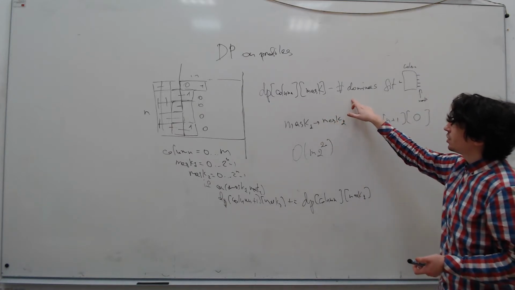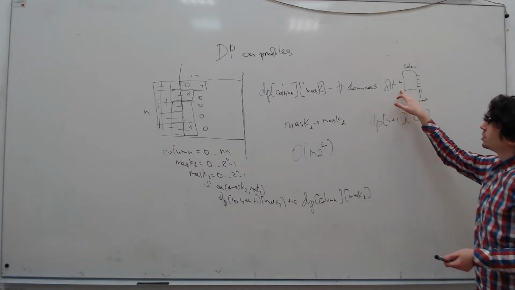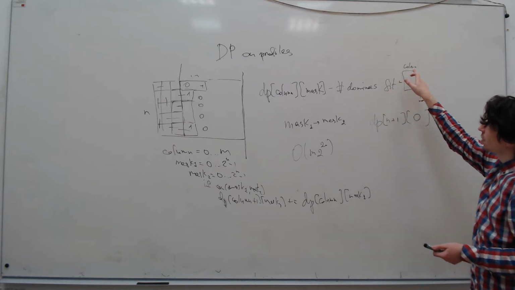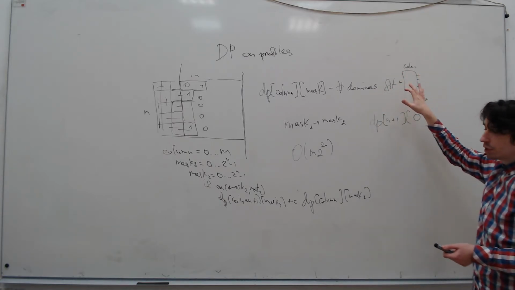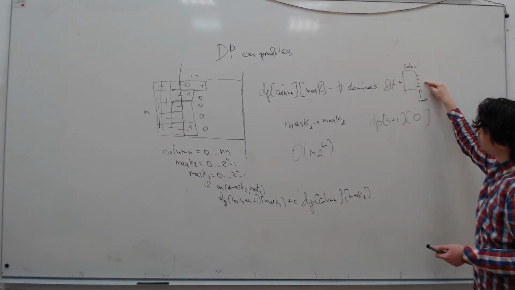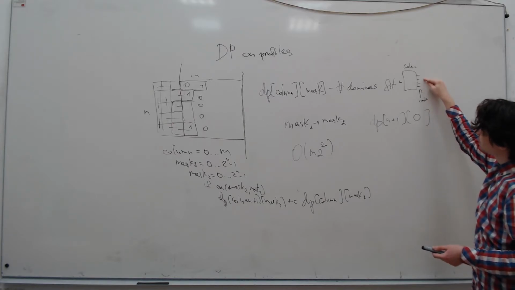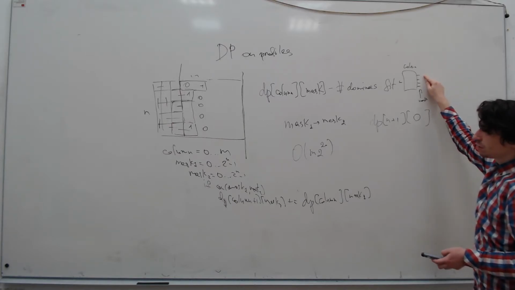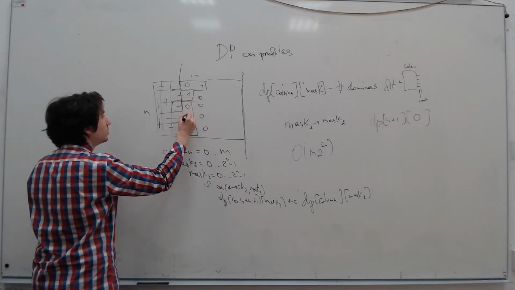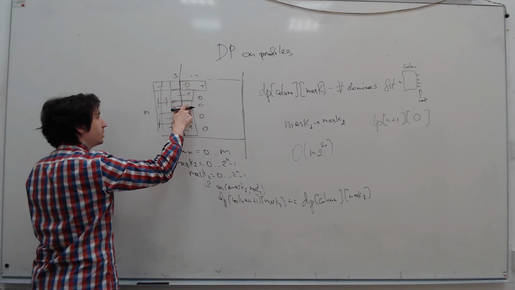It is the total number of ways to split into dominoes so that the first columns are filled fully, and some of their next cells are already filled by dominoes, like the mask elements. So for example, here the column will be 3, and the mask here will be 0, 1, 0, 0, 1.